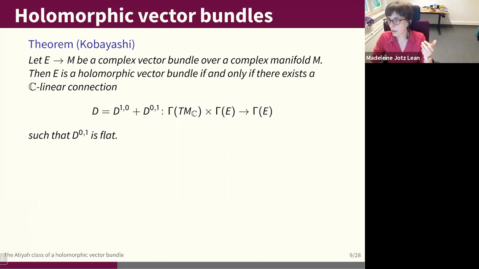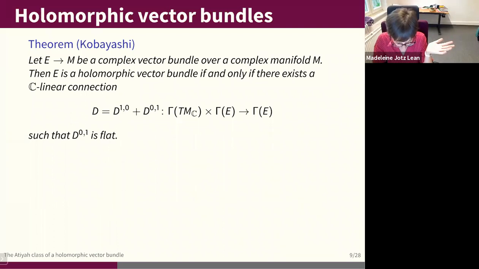A complex vector bundle is a smooth vector bundle with complex linear fibers, but we want as well to have a holomorphic structure on the vector bundle as a manifold, such that the projection is holomorphic and such that the local trivializations are holomorphic, right? So bear in mind that a complex vector bundle is not a holomorphic vector bundle. A holomorphic vector bundle is much more than that.